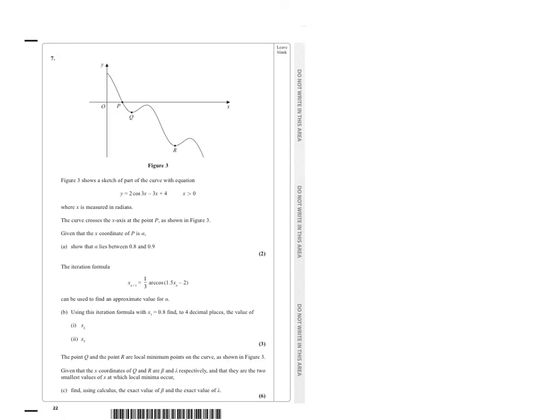So what I'm going to do is substitute in 0.8, substitute in 0.9, and if there's a change of sign, I know that alpha must lie in between that. So for part A, I'm going to get y of 0.8 equals 2 cos 3 lots of 0.8 minus 3 lots of 0.8 plus 4, which is going to give me 0.13.